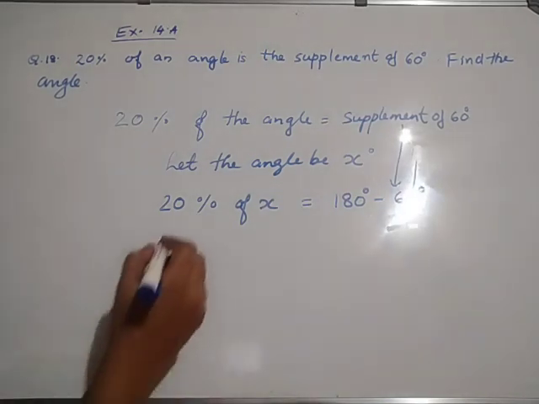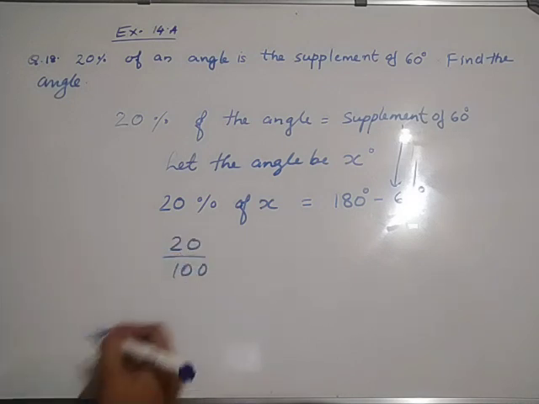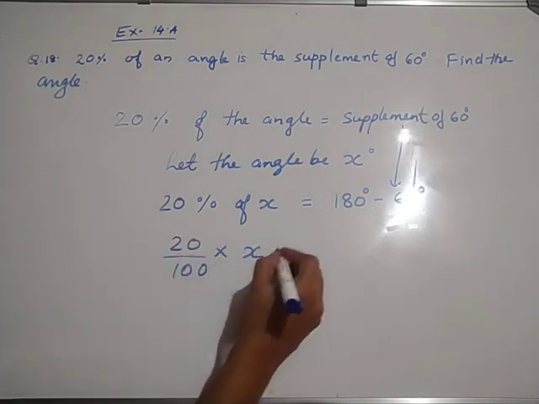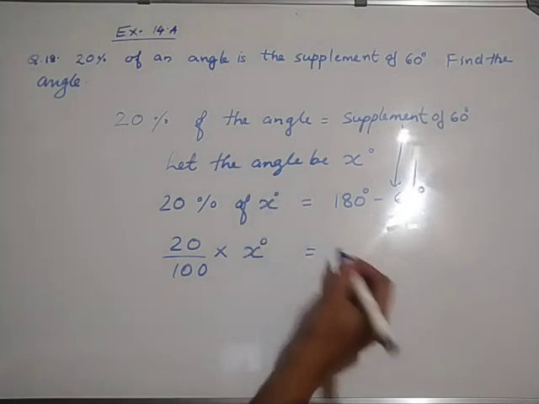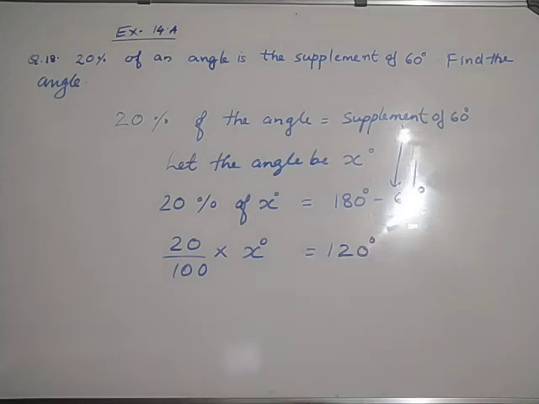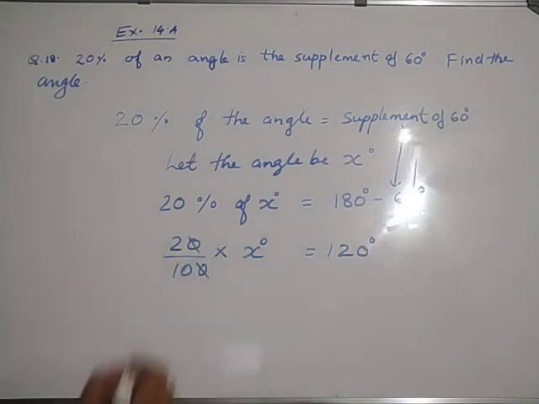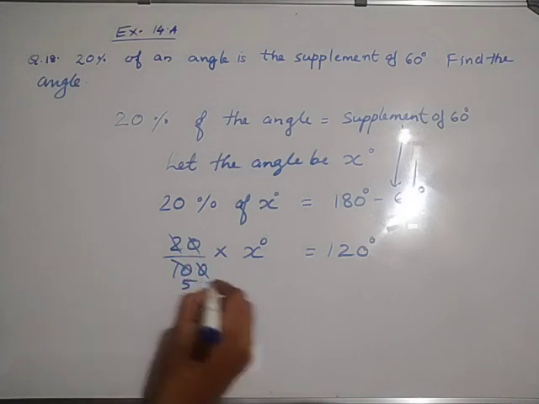20% in fraction form, 20 out of 100 of, that means into x, is equal to 180 minus 60, which is 120 degrees. Okay, we can cancel this. 2 5s are 10.